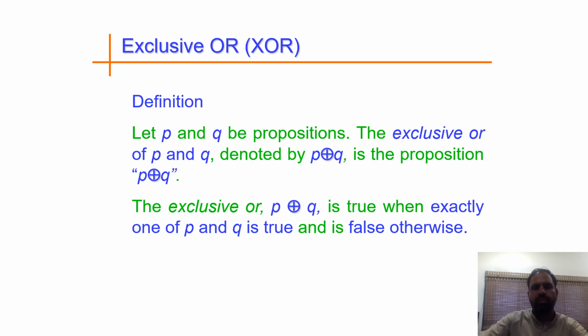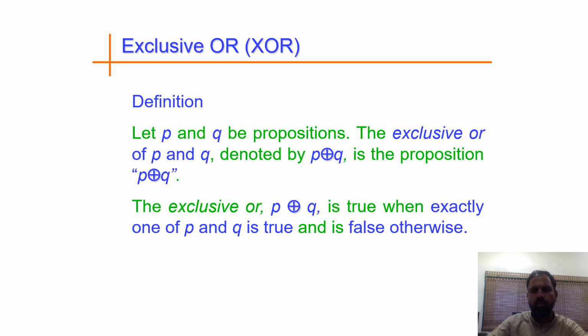Now exclusive OR, which may be written as XOR. We will discuss the definition. Let P and Q be propositions. The exclusive OR of P and Q, denoted by P XOR Q, is the proposition that is true when exactly one of P and Q is true and is false otherwise.